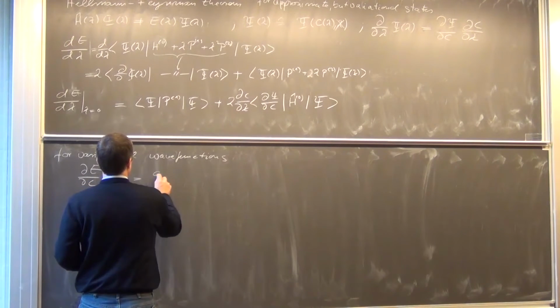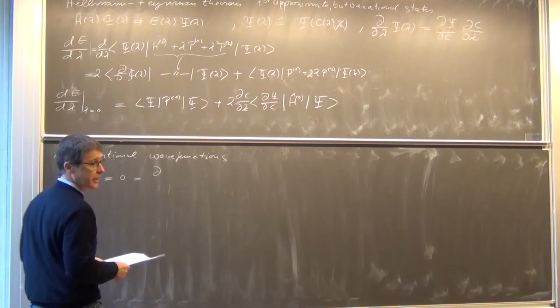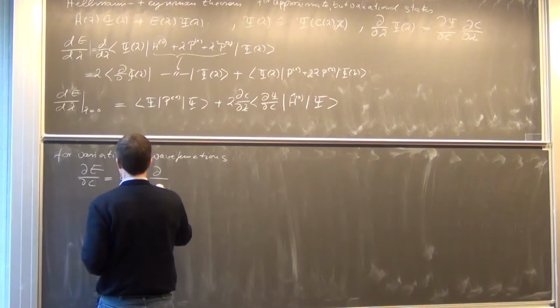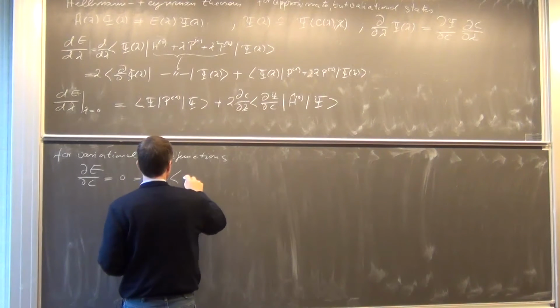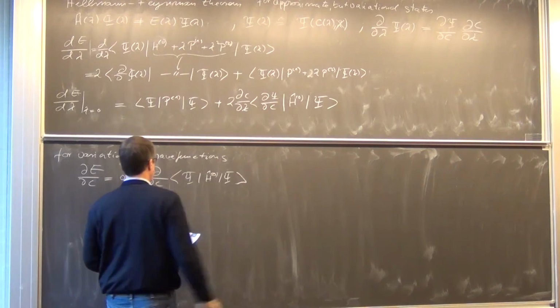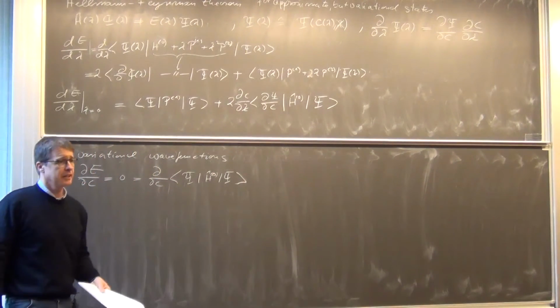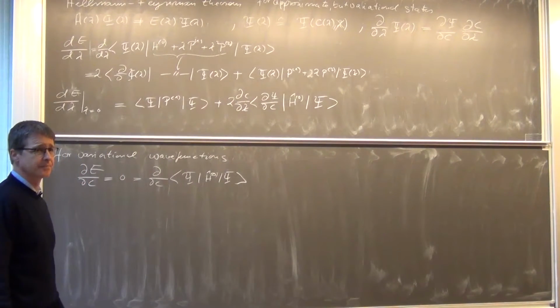Now for a variational wave function, we calculate the energy as an expectation value. So that means we calculate it in this way. That's how we calculate the energy for a wave function which is normalized.